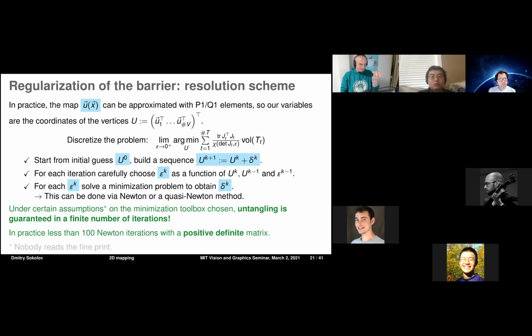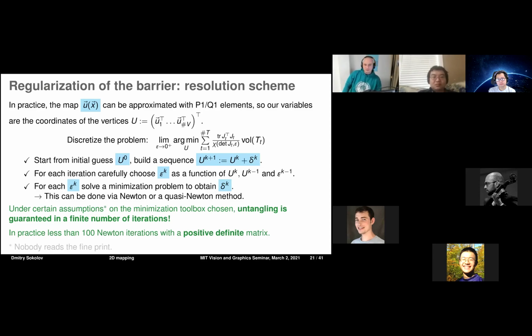So is this related to the central path in convex interior point methods? It sounds sort of reminiscent of that. I do not see a connection, but it doesn't mean there is none. I don't know.